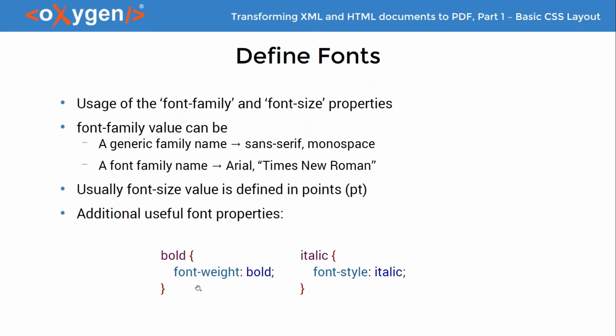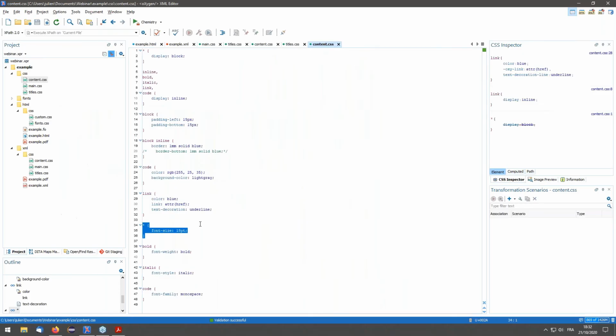Another part I will use in this example is some other useful font properties, which is the font weight, indicating if you are using a thin font or a bold font, or a font style, for example, italic. As my example contains some bold and italic content, I will apply this also. So I want the bold element to be bold and the italic element to be displayed in italic.